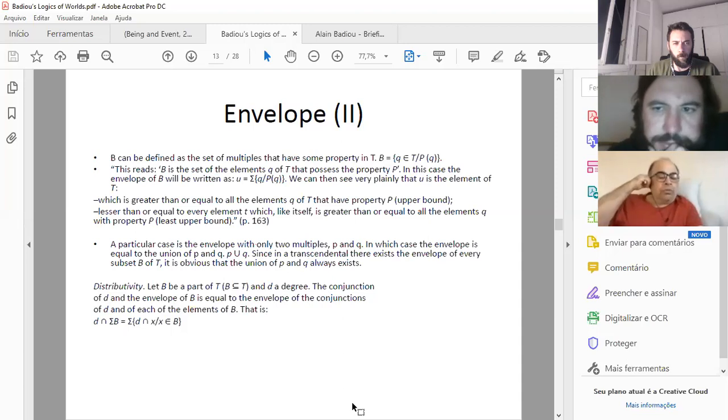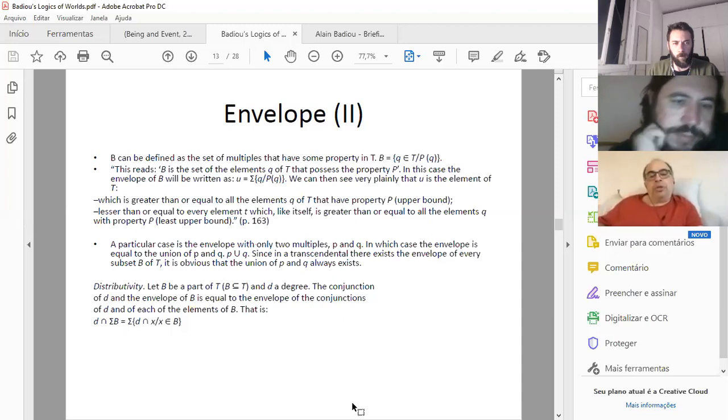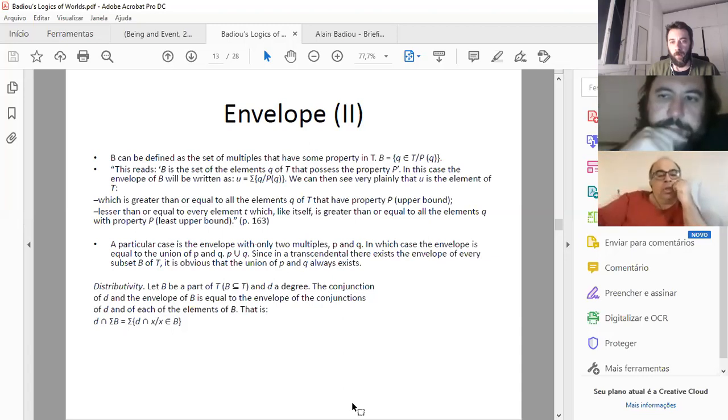Sorry? Why should this be a special case? Yeah. Why can't we extend union among multiple sets? Or multiple degrees? So yeah, that's what envelope is. Yeah, that's what he calls the envelope, the n-ary union operator.